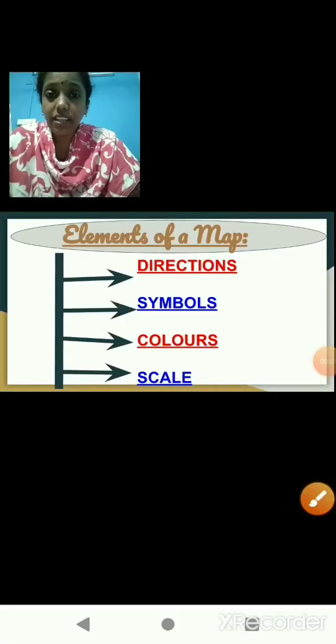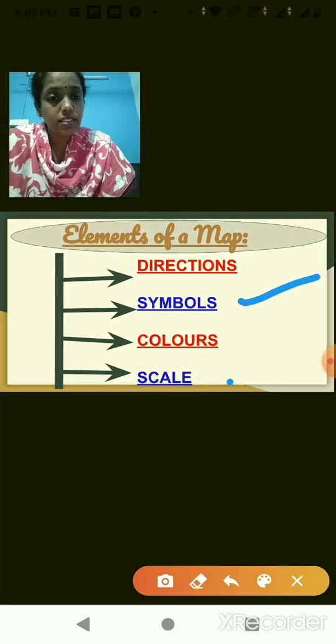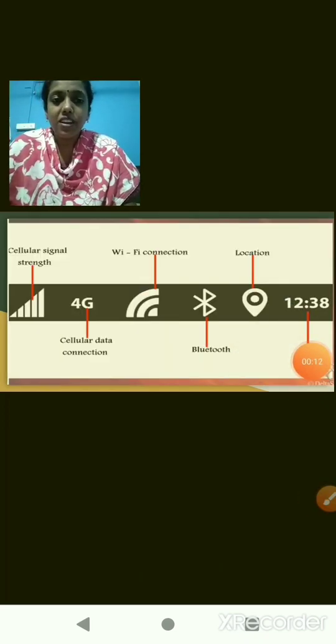Now let us see the other elements of a map, that is symbols and scale. Now children, what can you see on the screen? Yes, there are a few icons, we can say. Where do you see all these icons? Yes, we see them on the mobile phone.